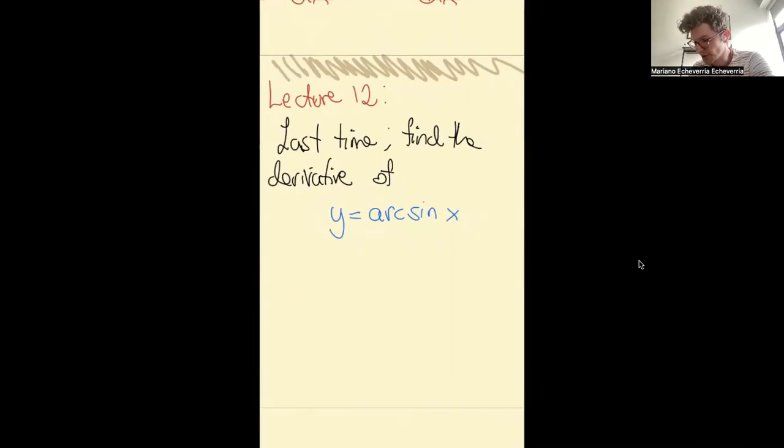The easiest way to do that is to take sine on both sides of the equation. So if you do that, you get sine of y equals sine of arc sine of x.